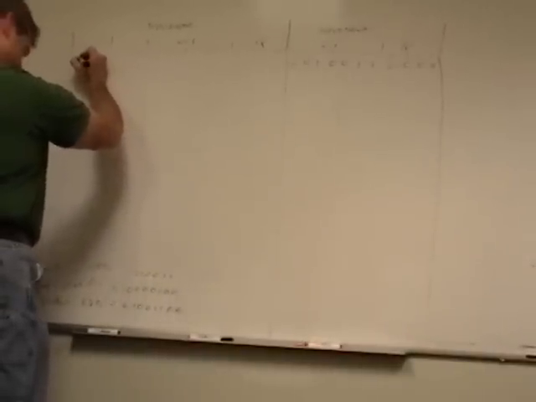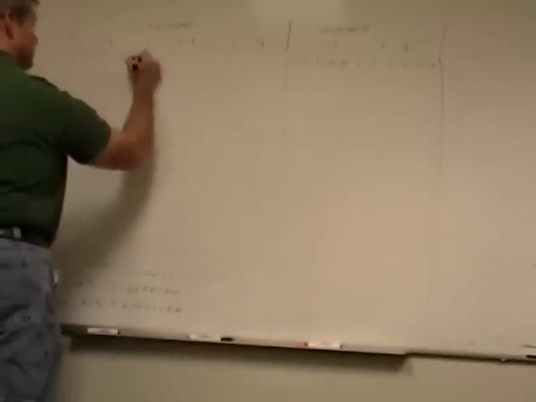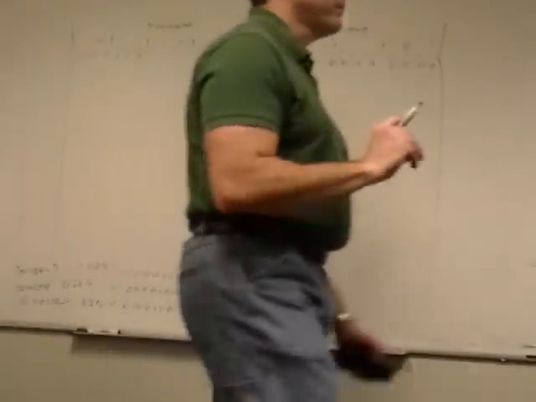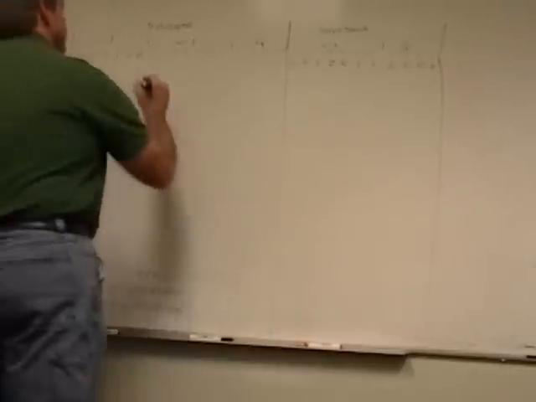So 0, 0, 0, 0, 1, 0, 0. And then this is all zeros.